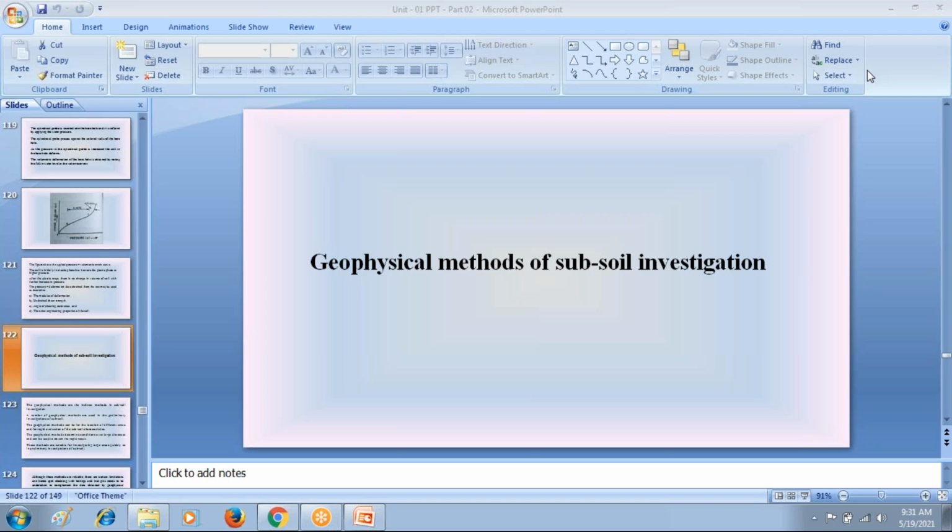In the direct method, we discussed test pits, trenches, drifts, and shafts. These four come under the direct method. In the direct method, the civil engineer can go inside the ground to study the soil properties below the ground level. Then the semi-direct method.